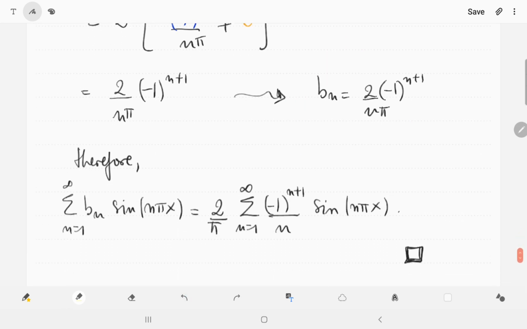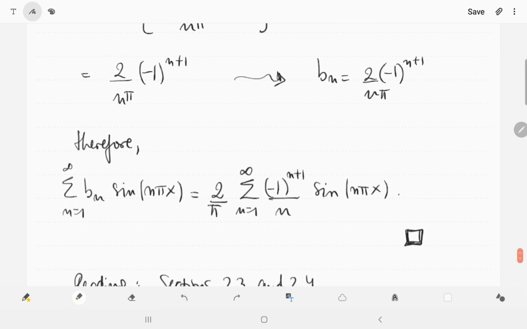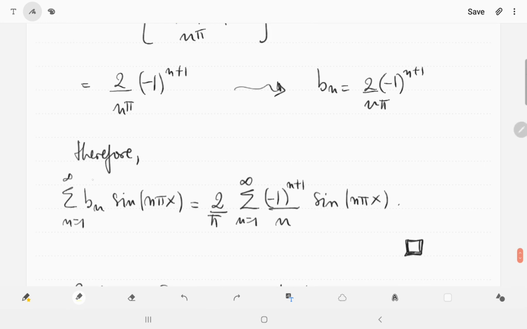Okay, so therefore the odd half-range expansion of f, also called the sine expansion of f, is 2 over pi, because we can also put this number outside the series, because it doesn't depend on n.